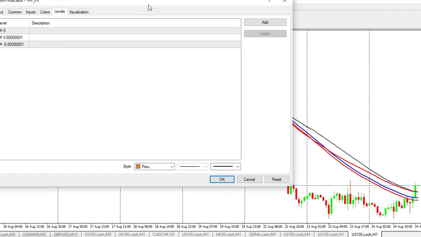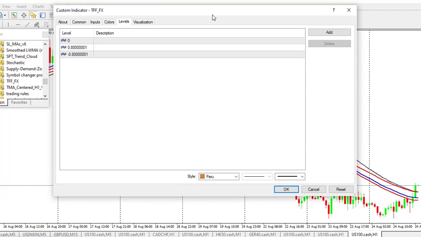Just check it closely and enter the value. The first level is 0. The next one, as displayed on my screen, is 0.800000 in 6 places, then 1. Then the next one is minus, the same value, but this time around minus.